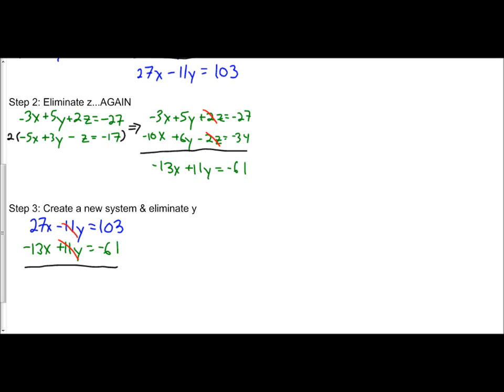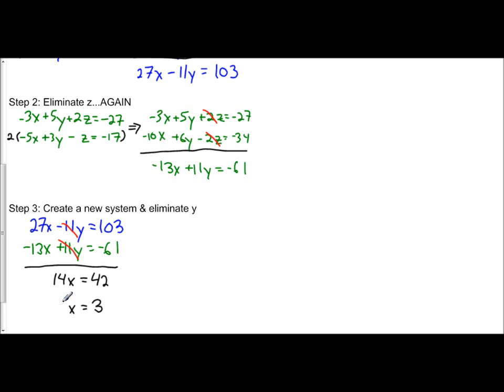So 27x minus 13x gives me 14x. And 103 minus 61 is 42. Divide both sides by 14. I see that x equals 3.